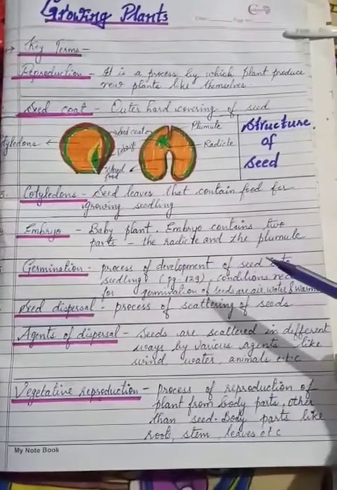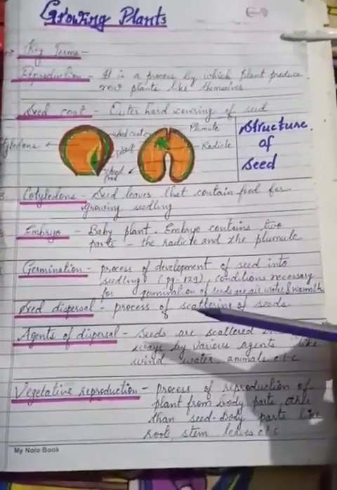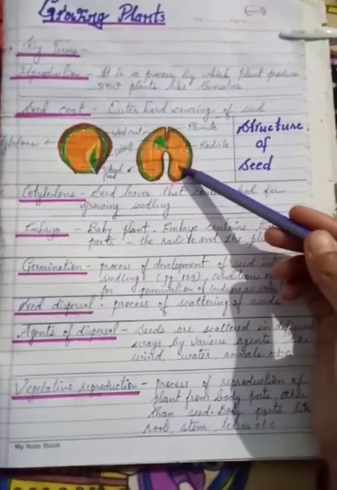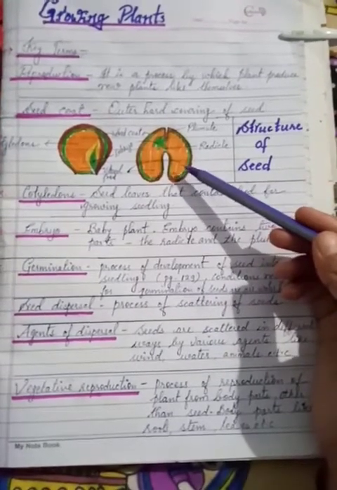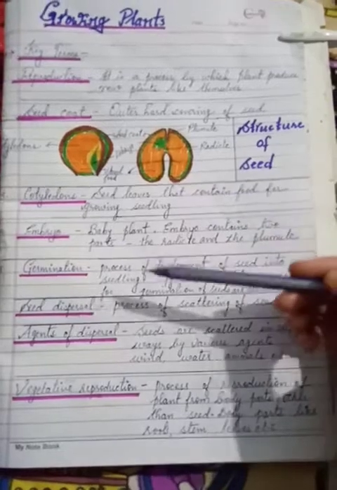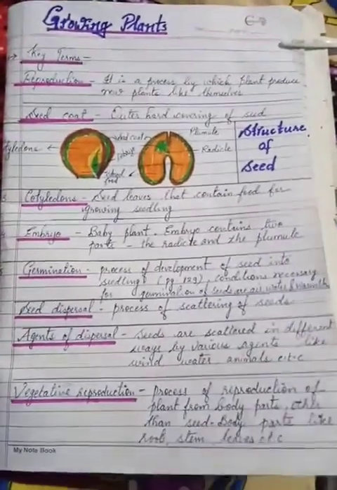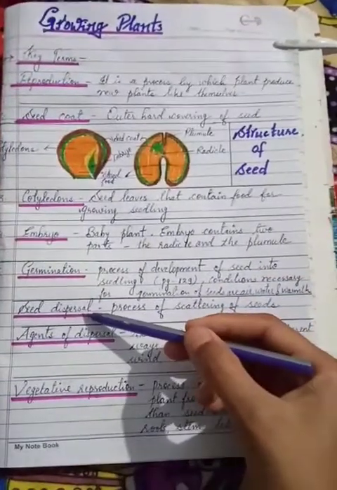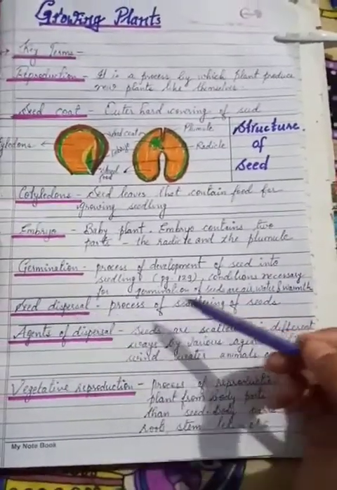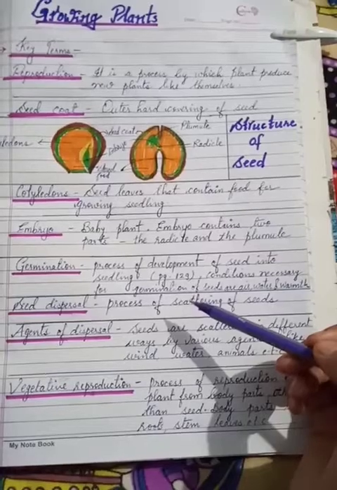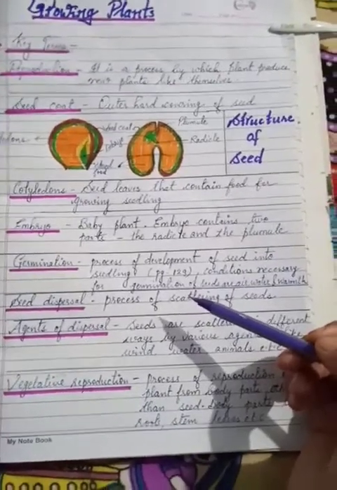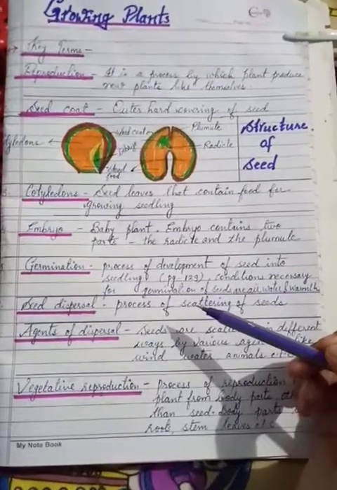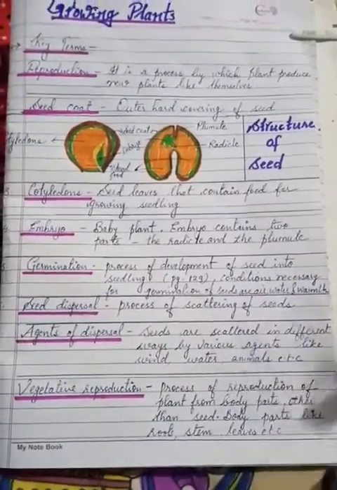Then after that we have to study seed dispersal. We have learnt about seeds. Now these seeds are scattered from one place to another by the process of seed dispersal. There are certain agents which help the seed to travel from one place to another.